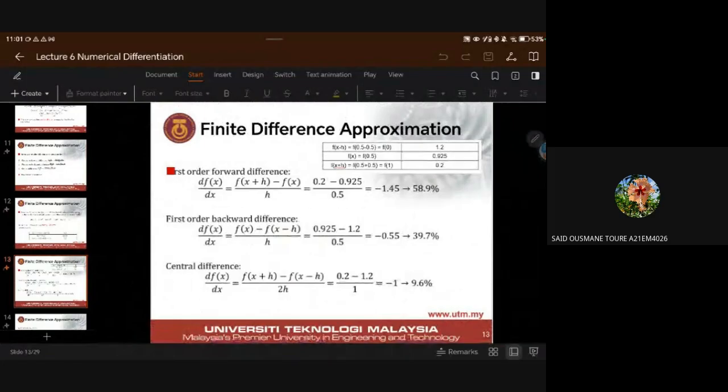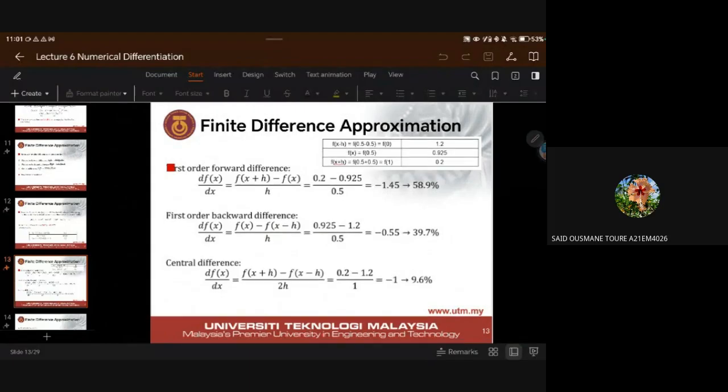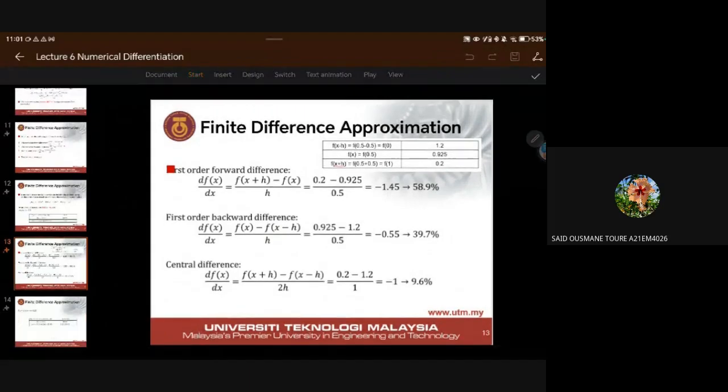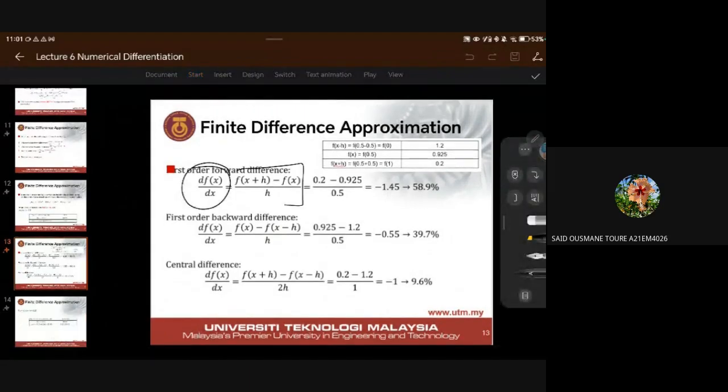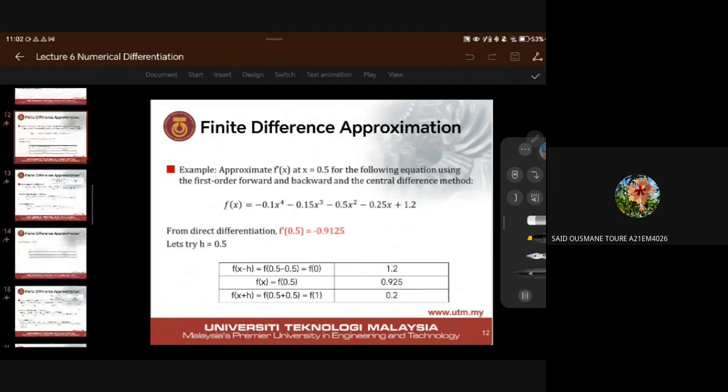So you have to derive the values. Yes. Here, basically, you have to derive it using this equation, and then the derivative of your function is equal to f(x plus h) minus f(x), and backward difference, central difference, multiple equations.